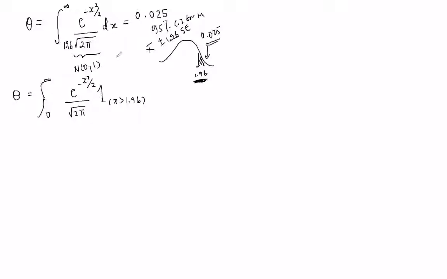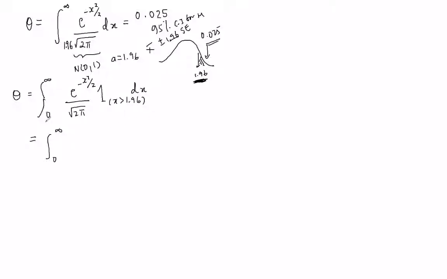So this 1.96 plays the role of a here. Now, in order to use the Monte Carlo method, you got to introduce some density here.